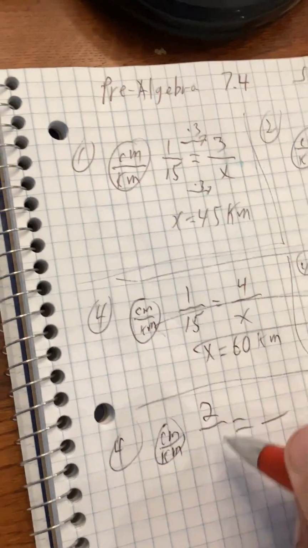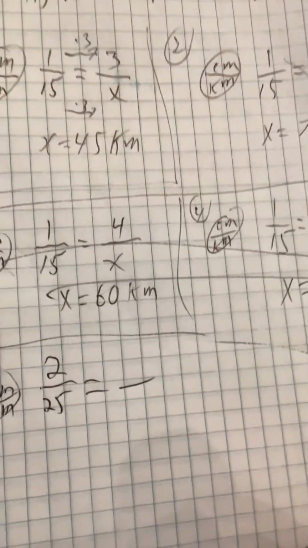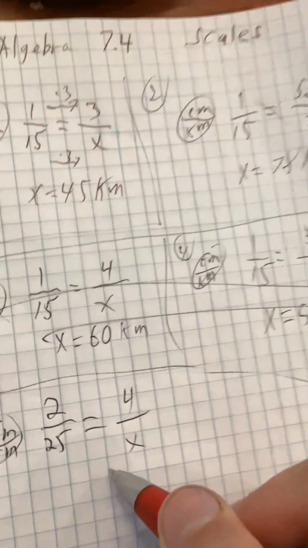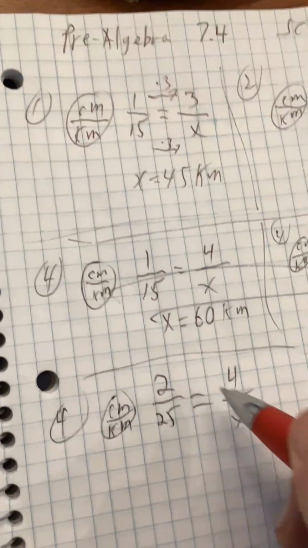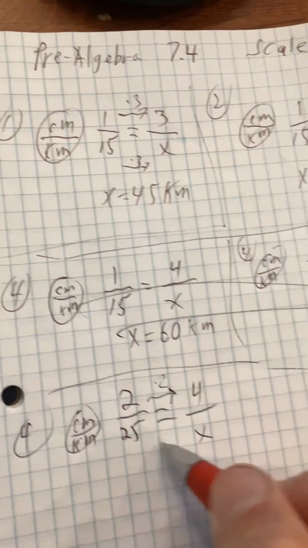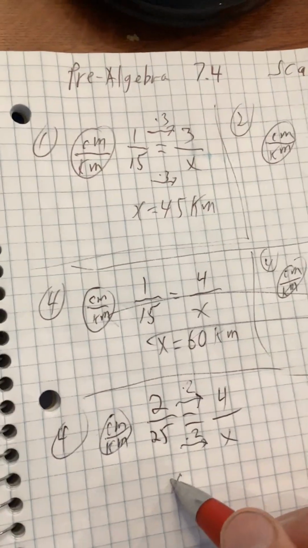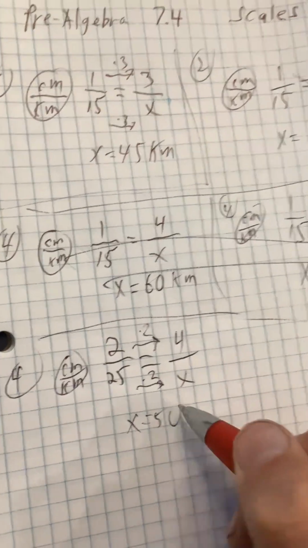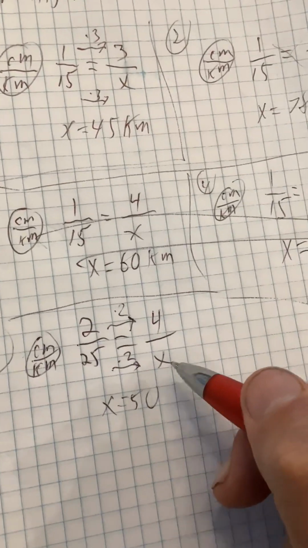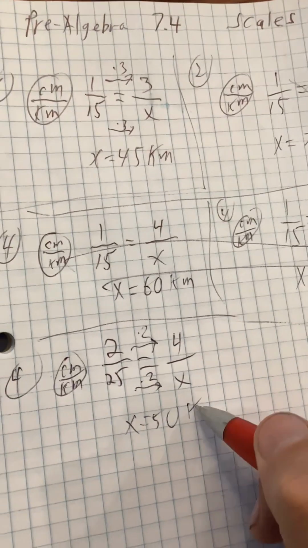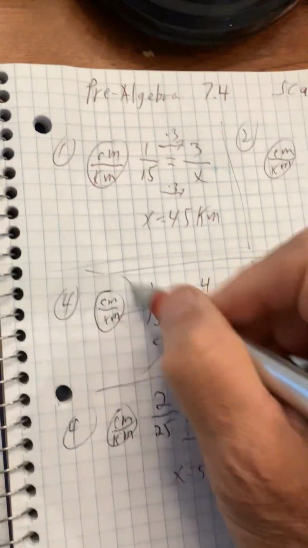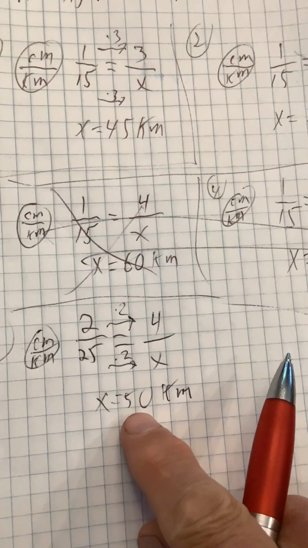So 2 is 25, and so 4. Oh, well, that's gonna be friendly. That's just times 2 times 2. That's called thinking proportionally, which is always multiplying or dividing horizontally or vertically. So there's number 4. Number 4 is 50 kilometers.